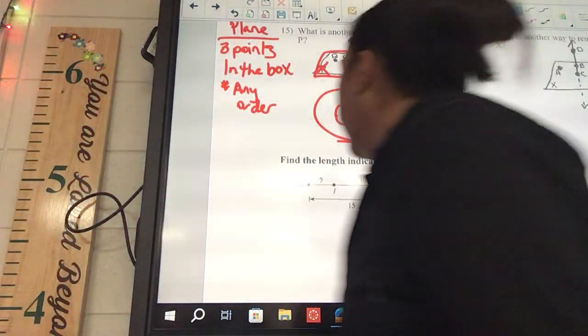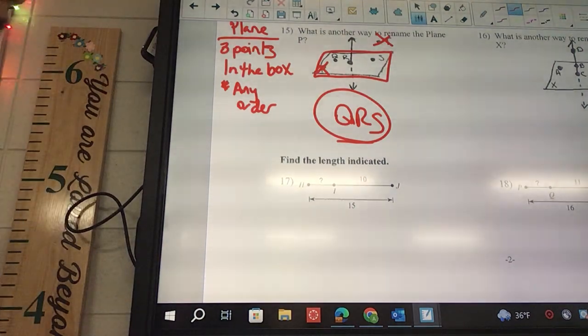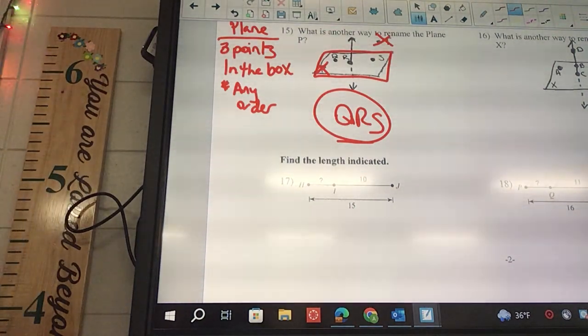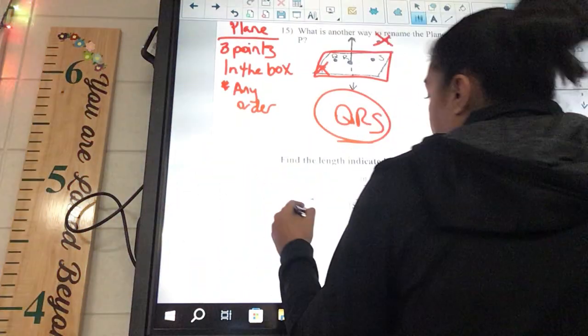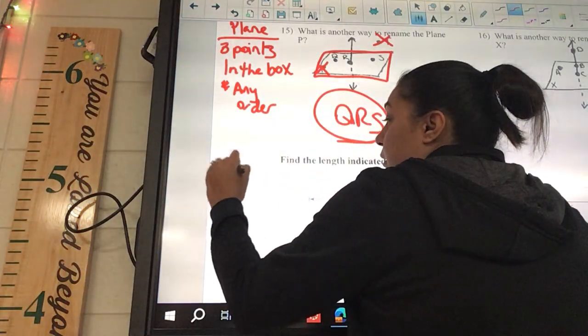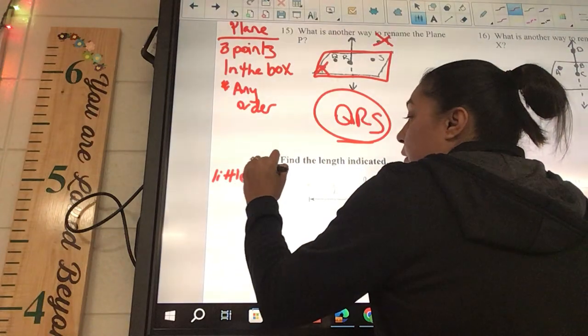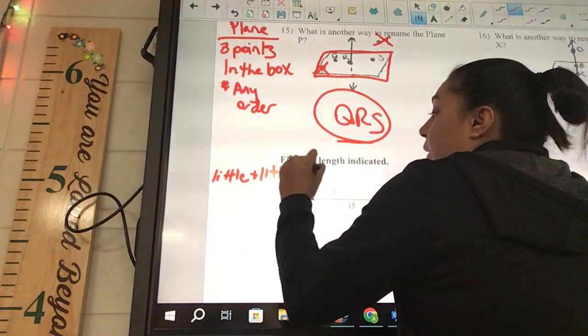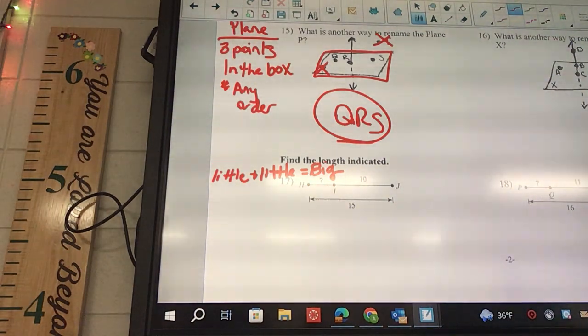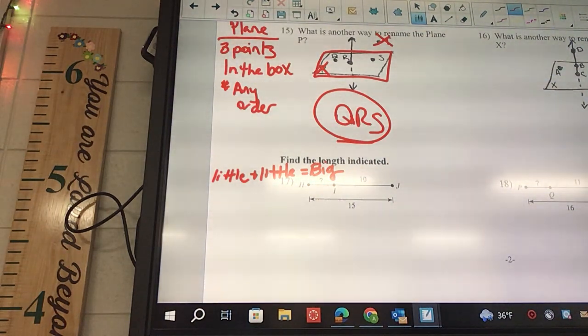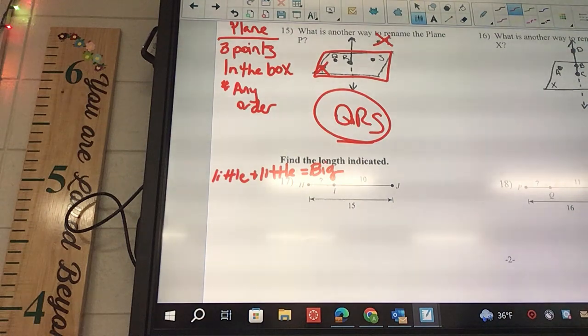Find the length indicated. So if you recall, for all of these ones, this is the formula. And this one, you may not need it, but it goes like this. Little plus little equals big. Big minus little equals little. So if we're looking at this, is the 10 gonna be a little or a big?